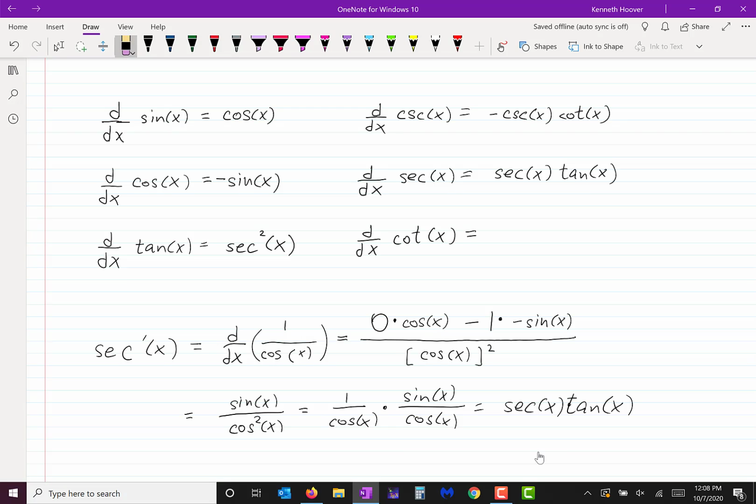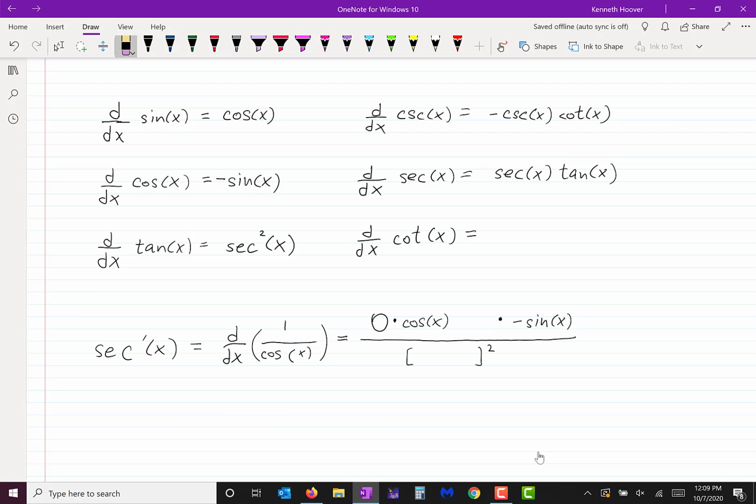Okay, and one more and then we'll be done. The derivative of cotangent. That's also just needing the quotient rule. Cotangent is cosine over sine.